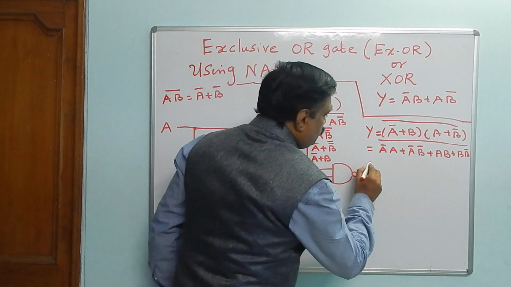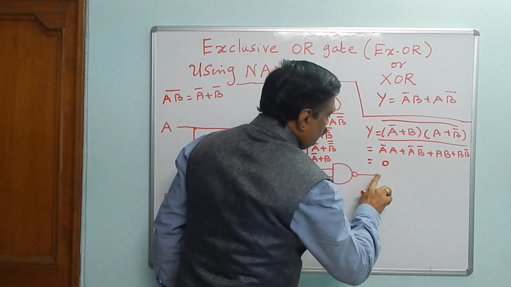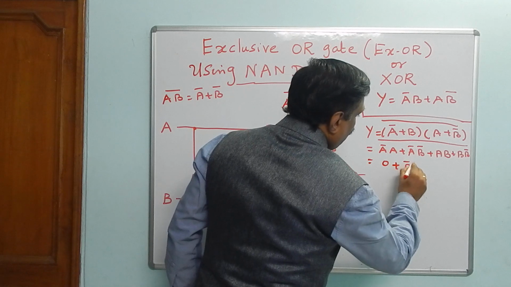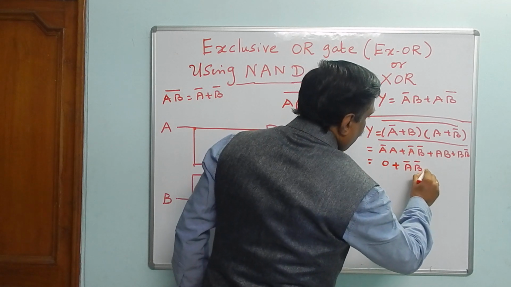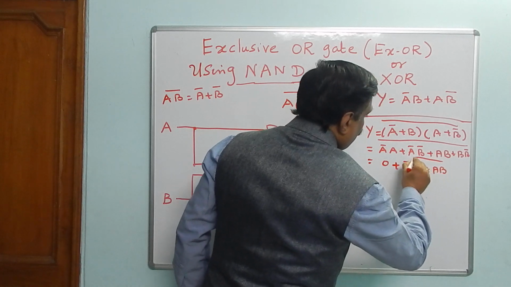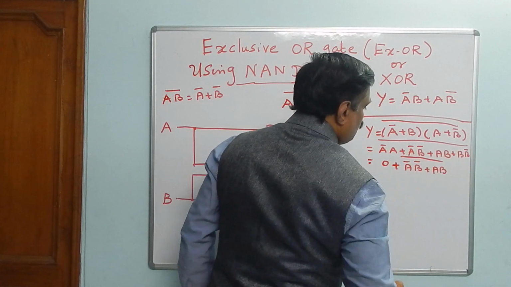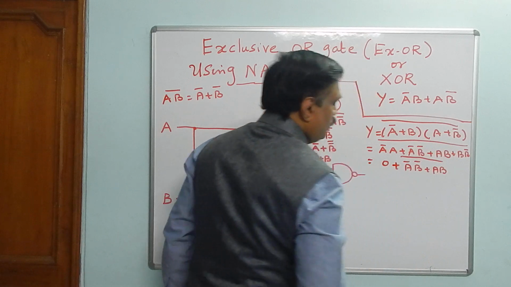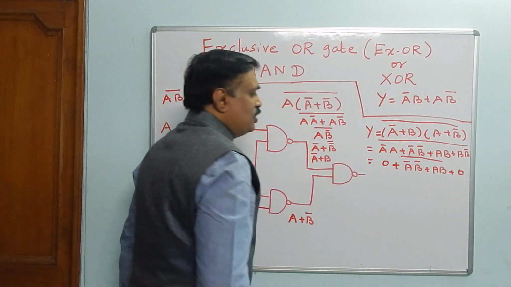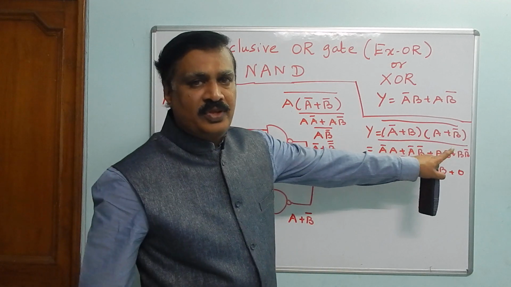Now this becomes 0, plus you are having A bar B bar plus AB, and this is complement, and this is also 0. Therefore no need to write. Okay, this also 0. Now you are getting only this one.